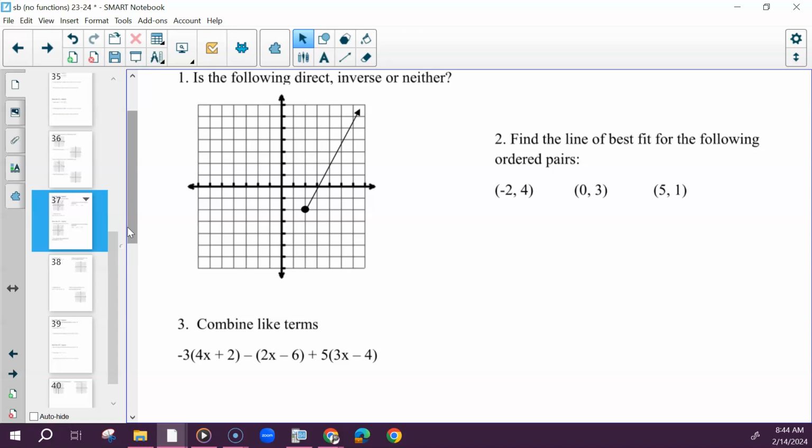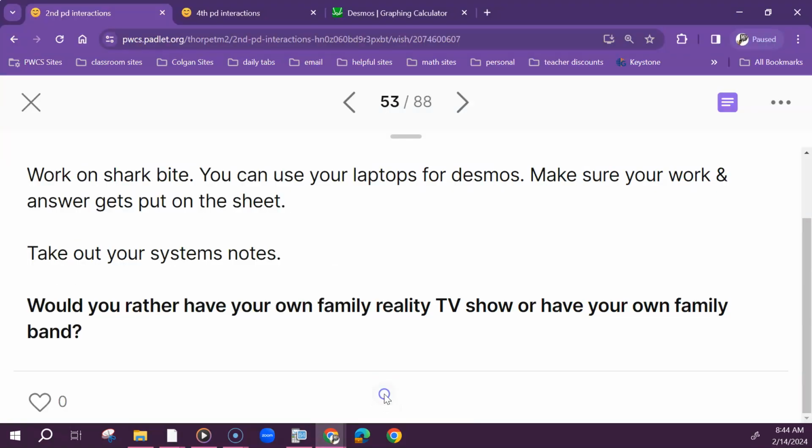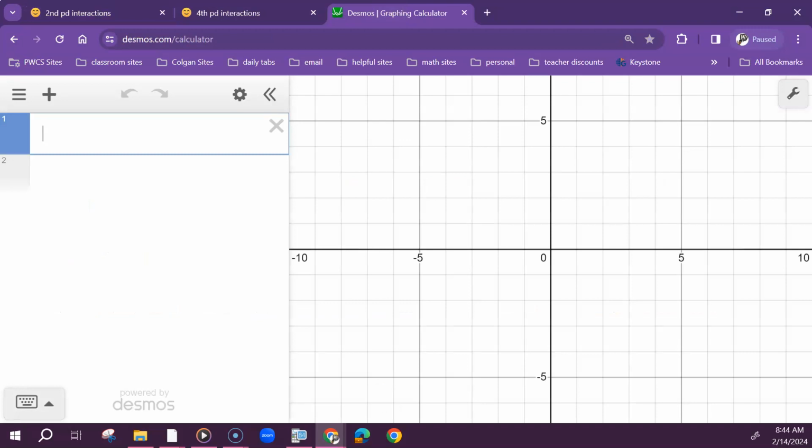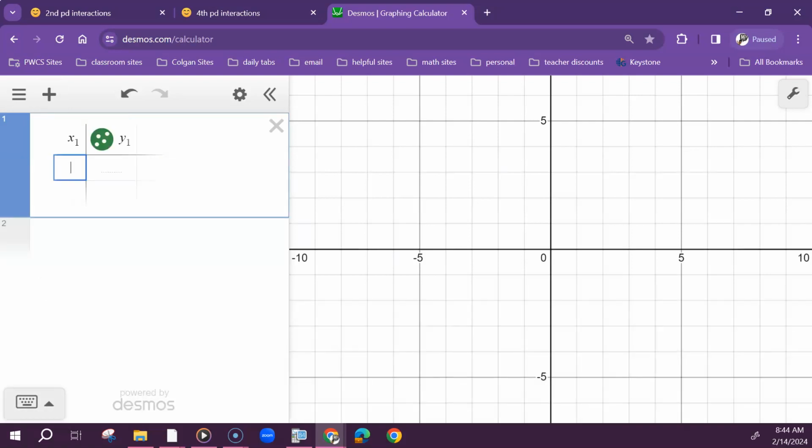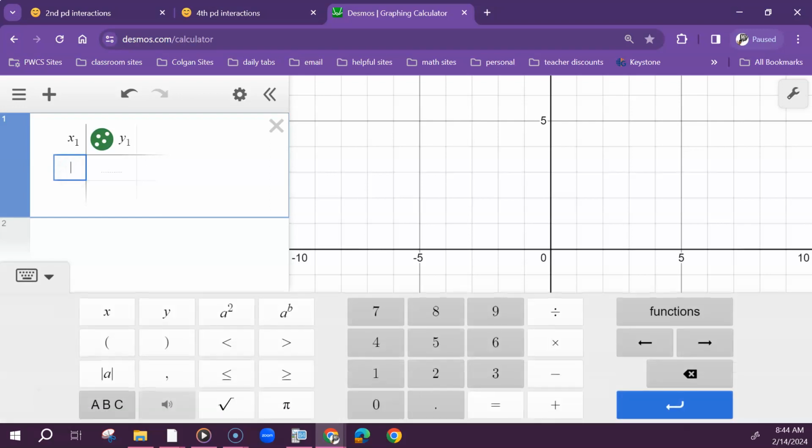For number 2, you have to find the line of best fit. You can do that in the calculator or in Desmos. Desmos would probably be more preferable because it's easier. Make a table. So you should have tried this on your laptops. You can put in those ordered pairs.